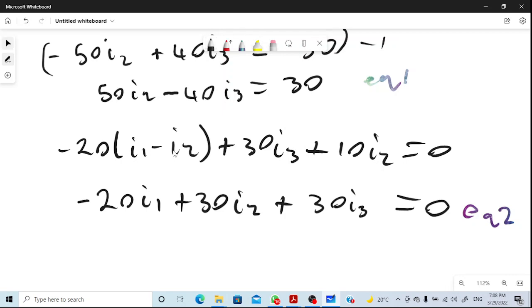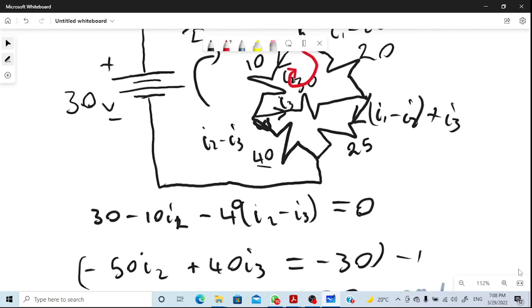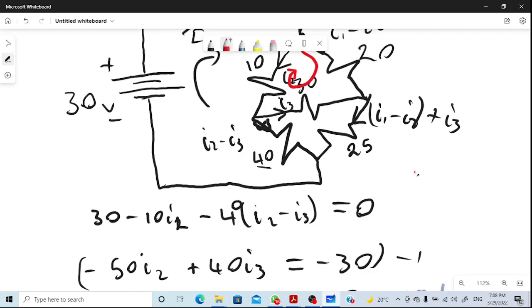Okay, now to get our equation 3, we're going to use this loop or the mesh, depends which vocabulary you want to use. Okay, fine. Now I'm going to have 25 multiplied by all this, but since it goes to the same direction as this current, I'm gonna put negative.